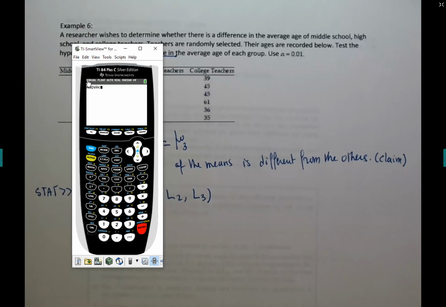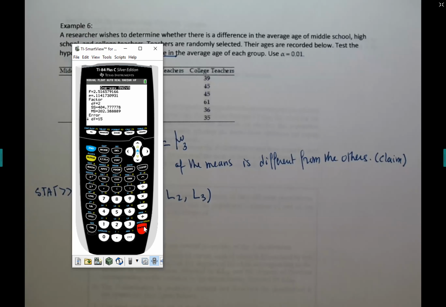ANOVA stands for one-way analysis of variance. So L1, second and number 1, comma, second and number 2, comma, second and number 3, close parentheses, and we're good to go. Enter.